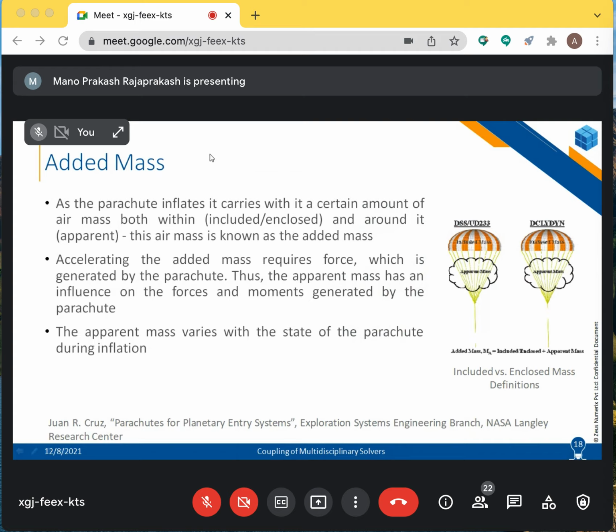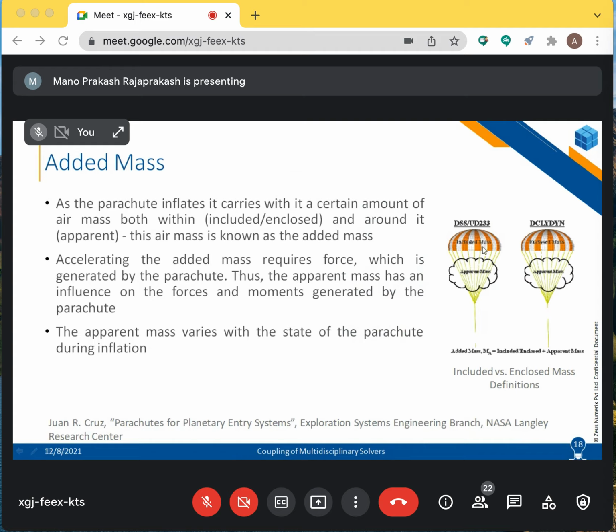One other aspect that we cannot avoid when we talk about parachutes is the added mass models. So here you can see what I mean by added mass.